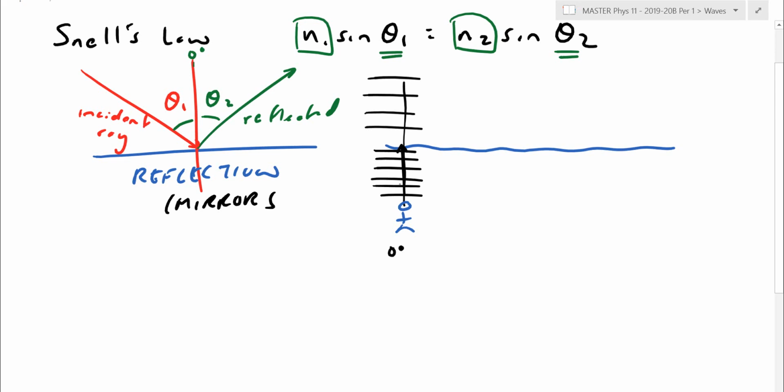If it's 0 degrees on, it's going to be 0 degrees off. But more interestingly here, because we are going from water with 1.33 to air which has a value of 1.00, what's going to end up happening is going from hard to easy, the refracted ray actually bends away from the normal as given by exactly the same formula.